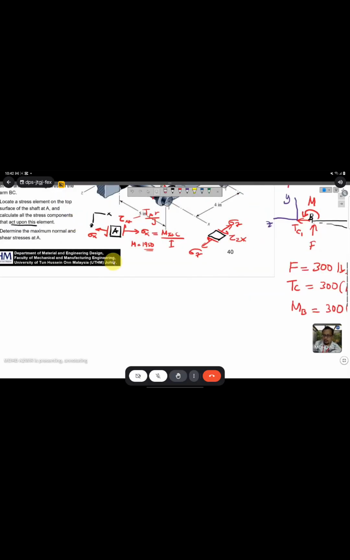Okay, so we calculate sigma x first. Sigma x is equal to M total, which is 1950, C is 3/4 inch. Maybe I can try to simplify this equation first.